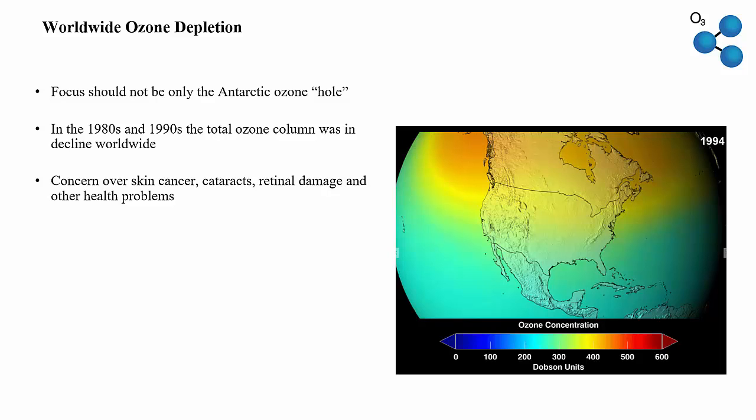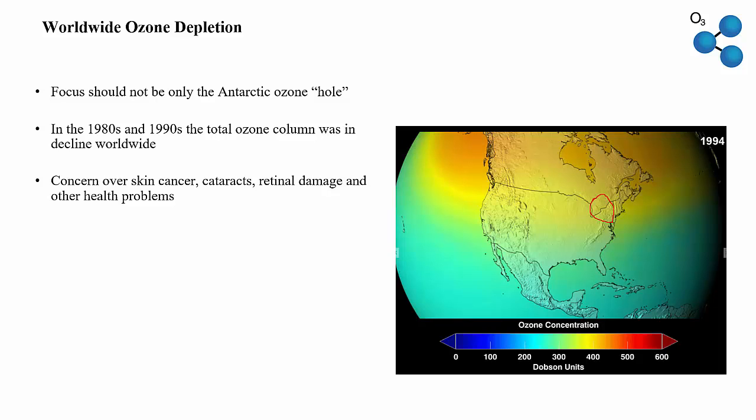This image shows the ozone column over North America measured from satellites. In Toronto, we're at an ozone level of about 350 to 400 Dobson units, so right in about here you can see, which isn't too bad. But in the 1980s and 1990s, these concentrations were falling quite rapidly worldwide.